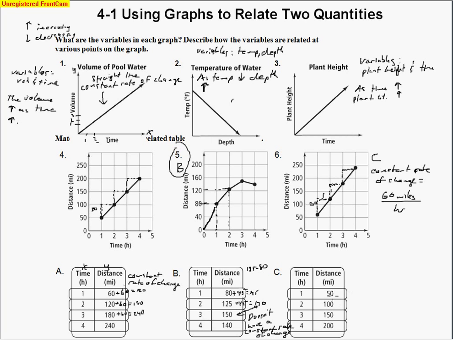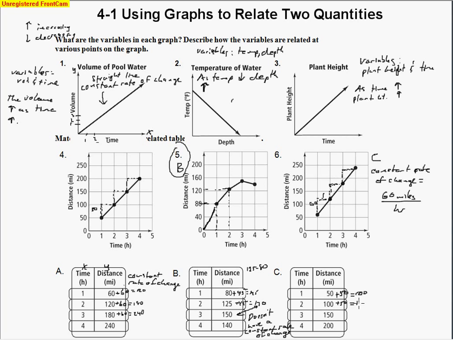And so this one should be A, and let's see why. If I look at the hours, 1 hour to 50 miles, and that does match this, and then if I add 50, I end up getting 100. See, I'm getting this number. And that's what you're going to end up seeing with constant rates of change. If you always add that rate of change to the next y value, you should get the following y value.